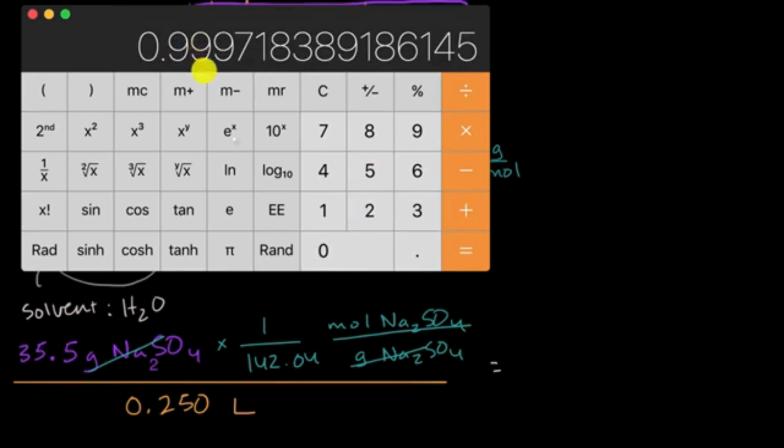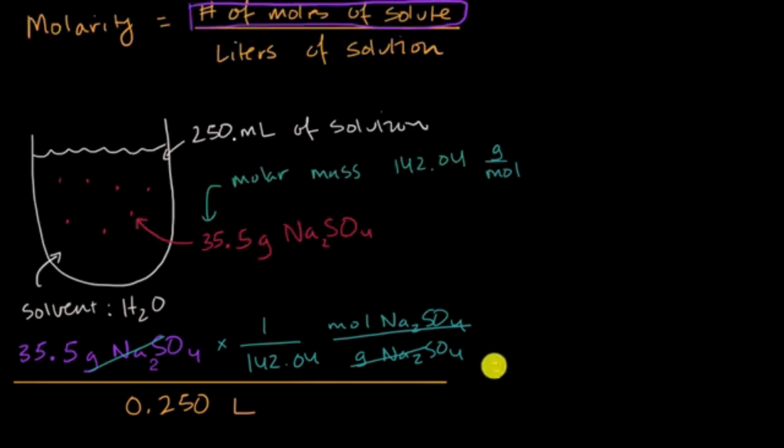And then we could think about how many significant figures we have. So we have 3 over here, 5 over here, and 3 over here. So I would say that we have 3 significant figures, and so we would round this 9 right over here. Well, if we round that up, we get 1.00 if we were to go to 3 significant figures.